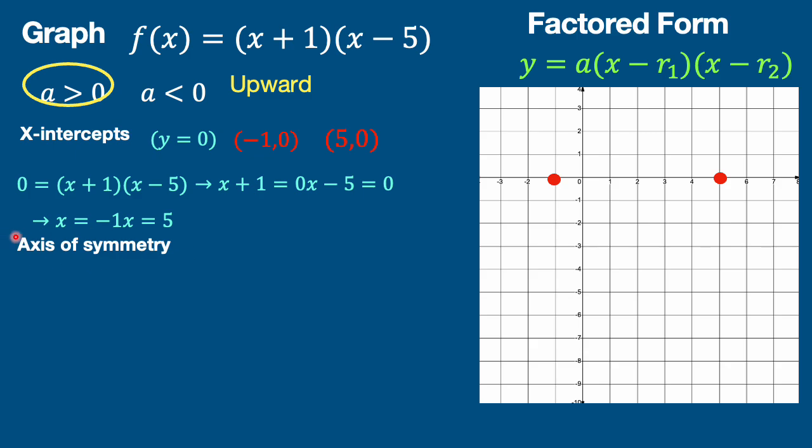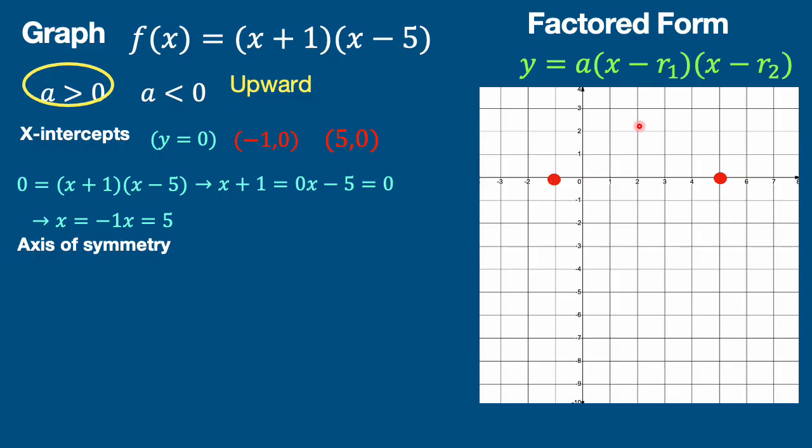Axis of symmetry. Guys, remember that? The axis of symmetry is the middle. We're going to find the middle point between the x-intercepts. Can you see that here? What is the middle? Total distance is 6, so half is 3. Here is 5, left 1, 2, 3.